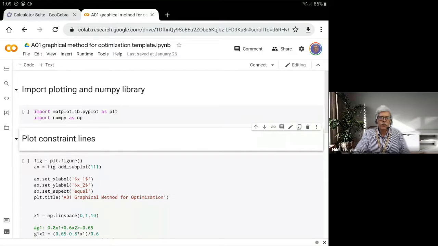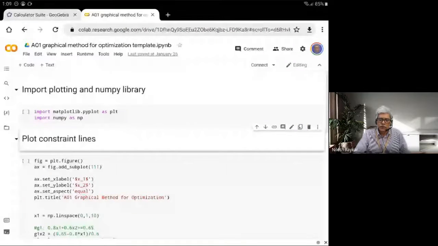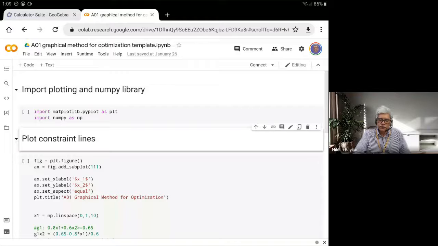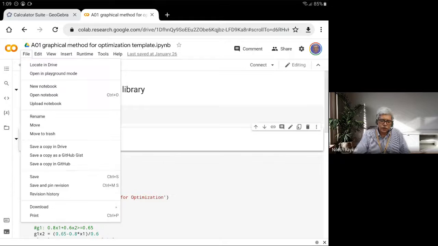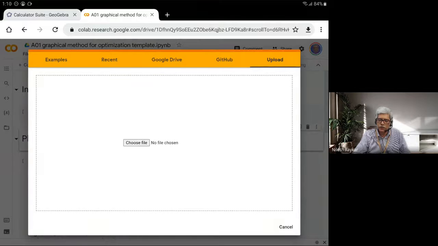If you don't store them, once the session is over, they will get lost. Once you go to this website, you can go to file, download the file I have shared through the classroom, and then use the upload notebook interface to upload that particular file.